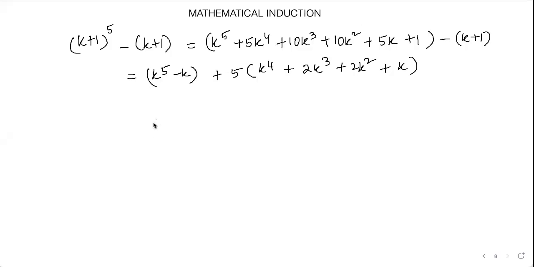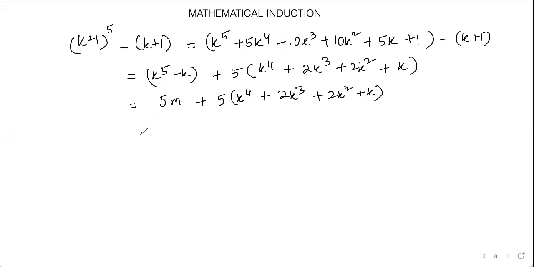So consequently we can find that k plus 1 to the power of 5 minus k plus 1, right? So this would lead to k to the power 5. Now further, k to the power 5 minus k can be written as 5 multiplied by m, plus 5k to the power 4 plus 2k cube plus 2k square plus k.